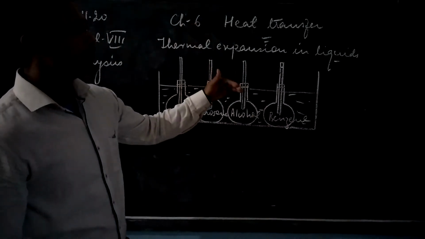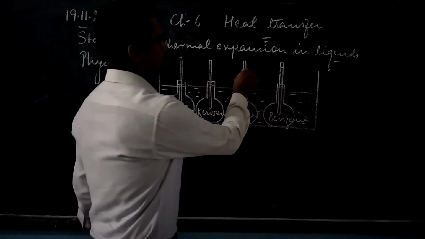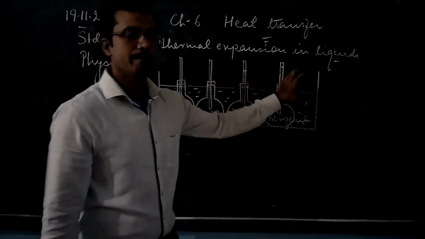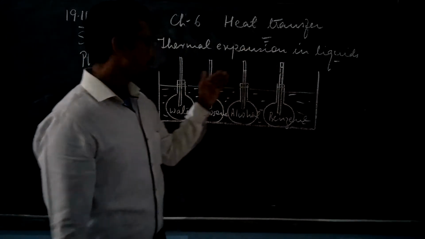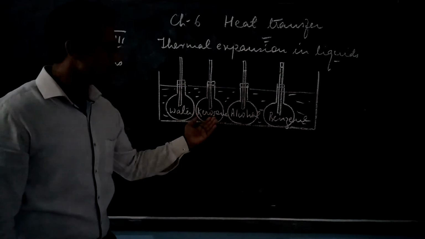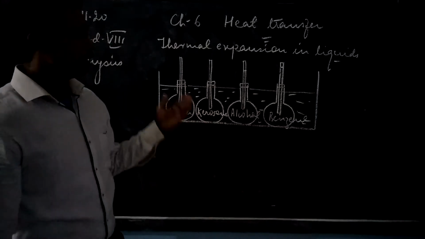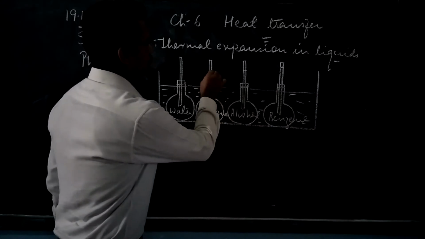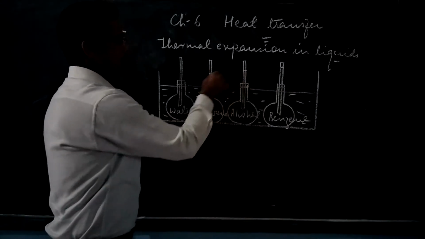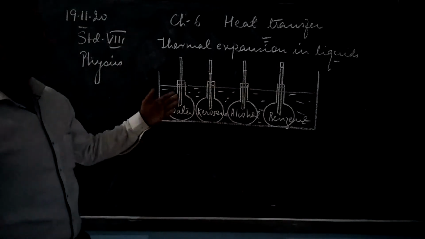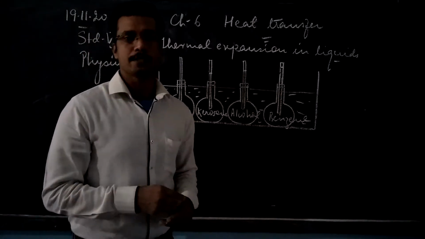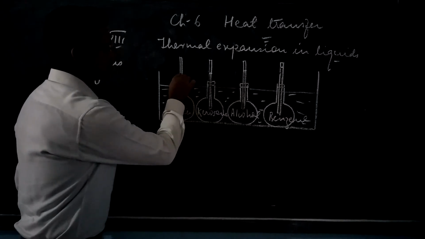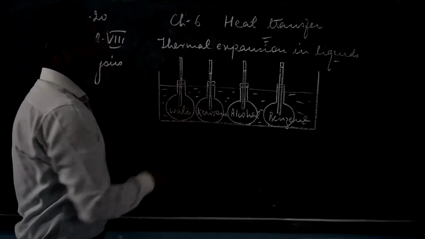But by this time, alcohol may reach to this part only, showing less expansion than benzene. Whereas kerosene expansion is even slower and it can expand to this much, which is less than alcohol. Water on the other hand shows the least expansion. It may expand very little and may rise only up to this level.